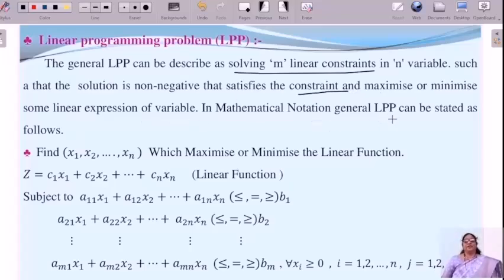In mathematical notation, the general LPP can be stated as follows.